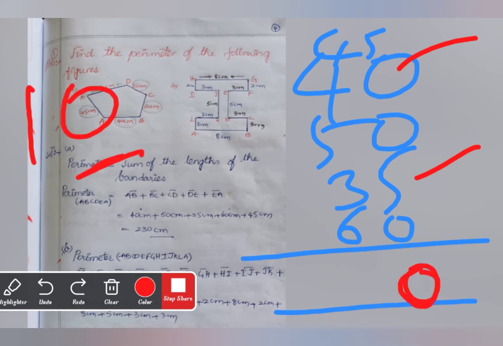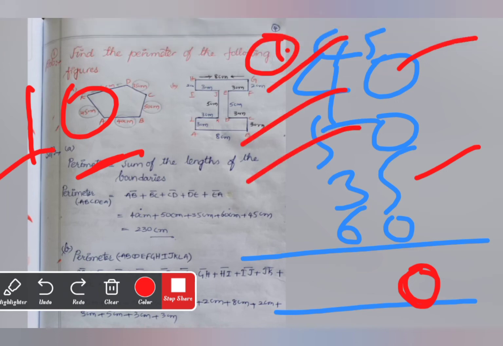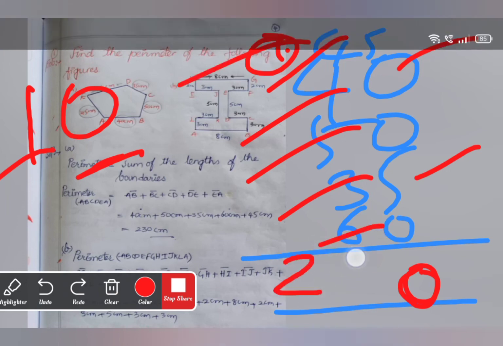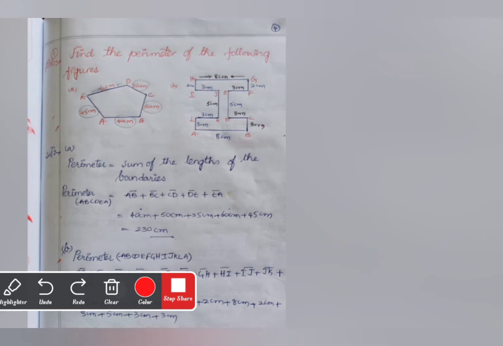So we have to write 0 here. This 1 should be written in the carry. 4 plus 4, 8. 8 plus 5, 13. 13 plus 3, 16. 16 plus 6, 22. 22 plus 1, 23. So 230. Here what is the unit given? Centimeter. So 230 centimeter. Okay.